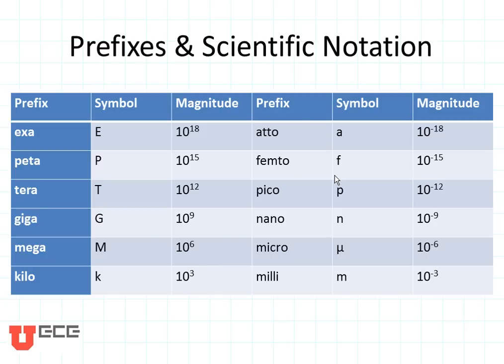If we were talking about numbers that are very small, 10 to the minus 3 to 10 to the minus 18, for example, we would be using these prefixes. For example, capacitors are commonly sold in pico or nanofarad, or sometimes microfarad. We'll commonly find inductors in microhenries or millihenries. Milli is 10 to the minus 3rd, micro 10 to the minus 6, nano 10 to the minus 9th, and so on.